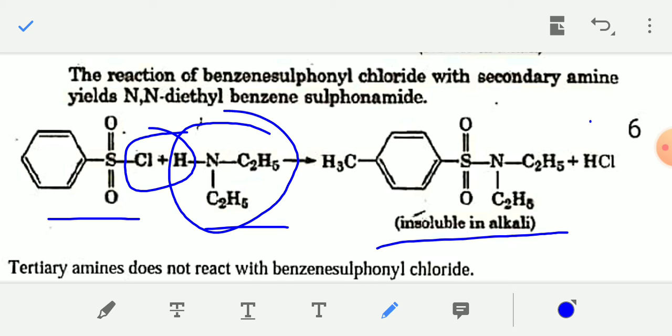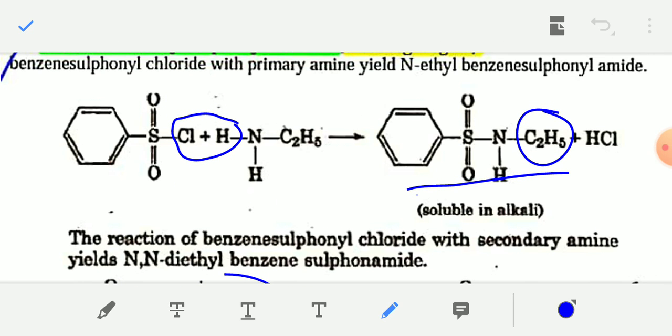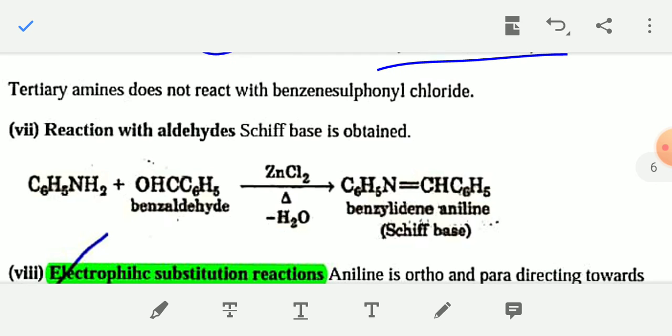That is, the reaction of benzene sulfonyl chloride with secondary amine yields N,N-diethyl benzene sulfonamide, which is insoluble in alkali, but the similar product produced by primary amine is soluble in alkali, and tertiary amine does not react with benzene sulfonyl chloride. So using benzene sulfonyl chloride or Hinsberg reagent, you can differentiate a mixture of primary, secondary and tertiary amines.